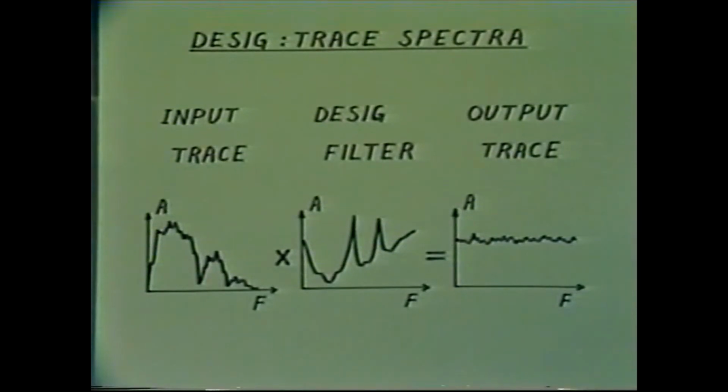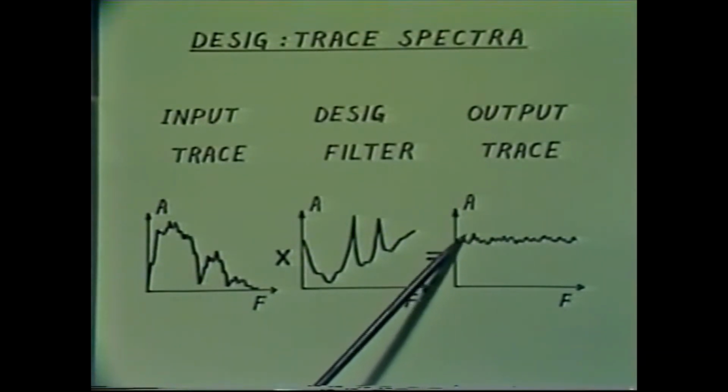The designature operation effectively multiplies these two amplitude spectra, resulting in this amplitude spectrum for the output trace. Now, the notches due to ghosting, and the fluctuations due to reverberation, and the general decrease in amplitude due to source wavelet and instrument effects are corrected by designature.